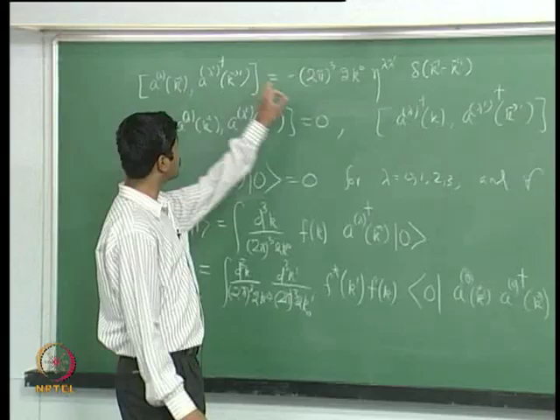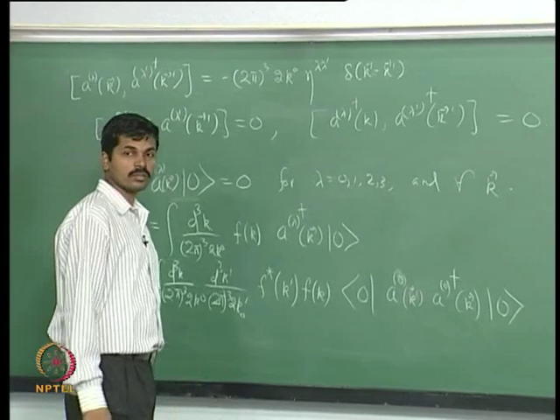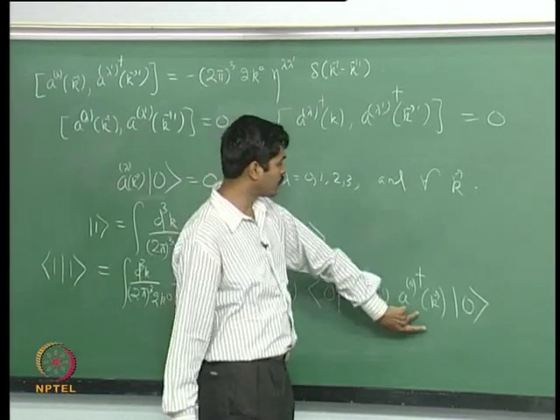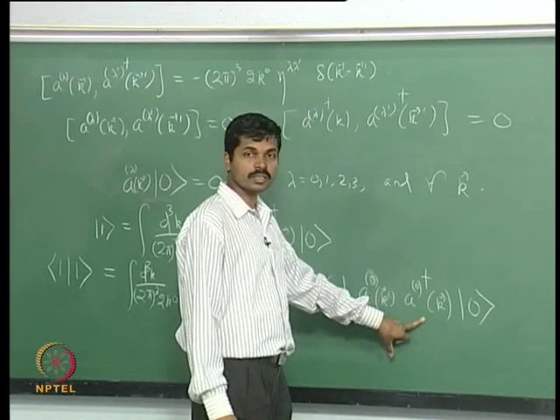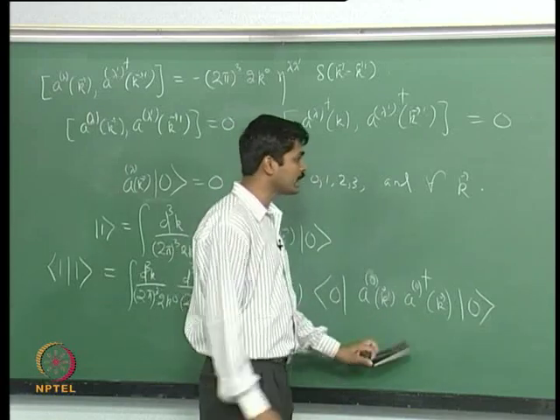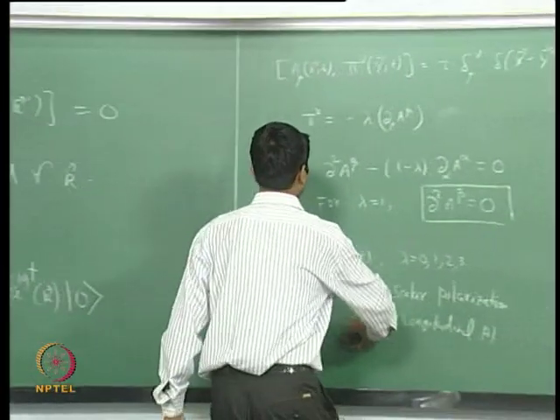Now, I can use this commutation relation to flip this A and A dagger here, but when I do that, what I get is the following.